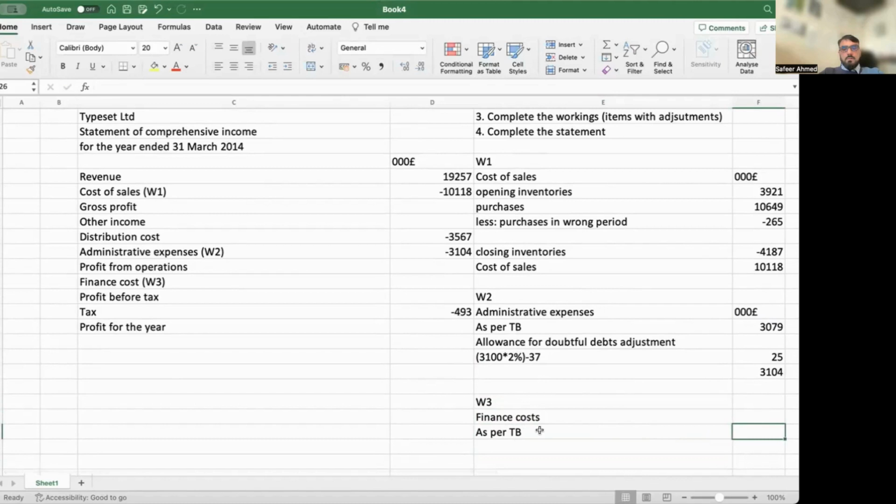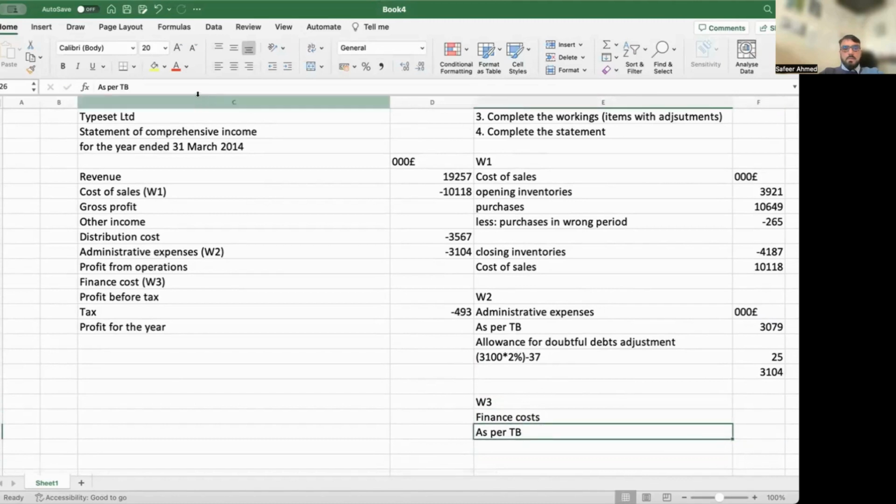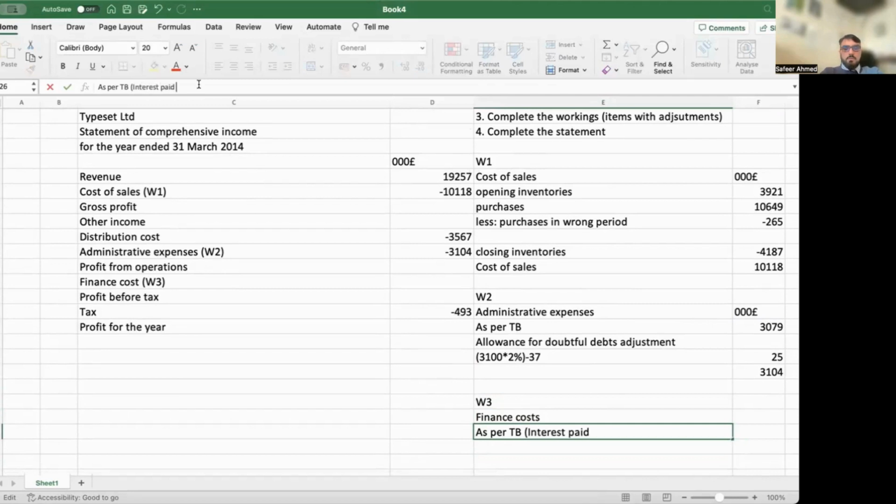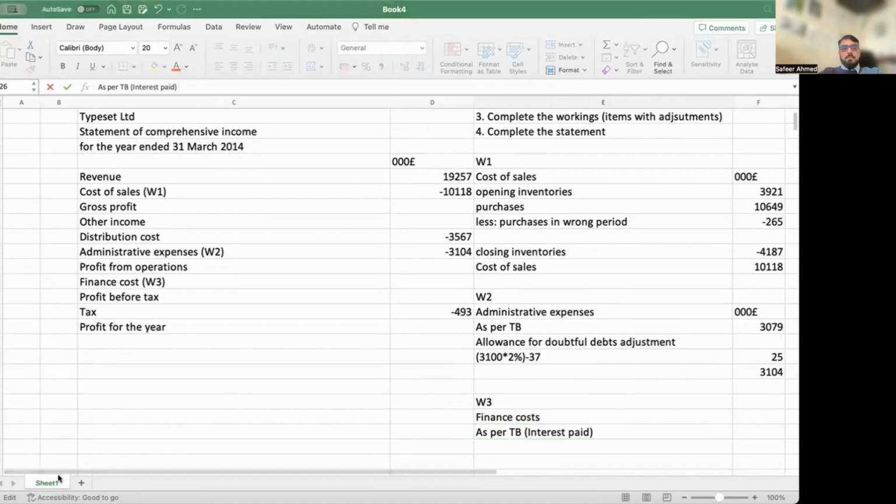So for the finance cost, as per trial balance, you've been told that they need to pay interest, so interest paid is given to you. But if you look at the information in relation to this point, they told us the interest on non-current loan has been paid for 6 months of the year. No adjustment has been made for the interest due for the final 6 months.